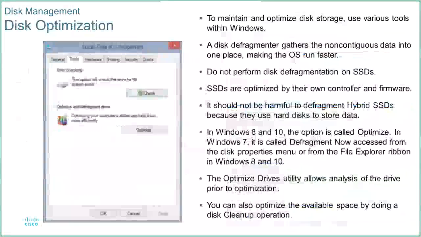Disk optimization is very useful. It reorders the most commonly accessed elements of the disk to the front. It gathers fragments of various files and puts them back in order, so it increases the efficiency of accessing the files within the hard drive.